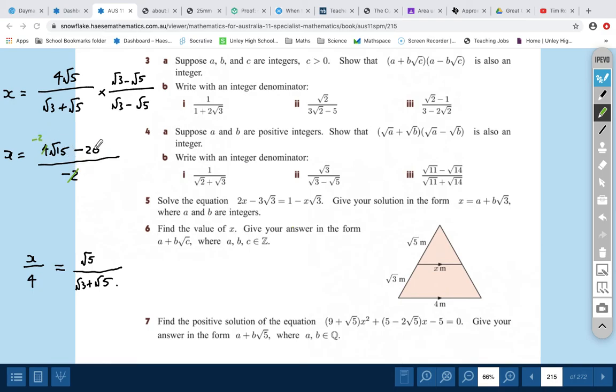And here, if I do minus 20 divide minus 2, I would get plus 10. So the final answer will be x equals, let's put the 10 first because it's positive, 10 minus 2 square root 15. And that is your answer for x.